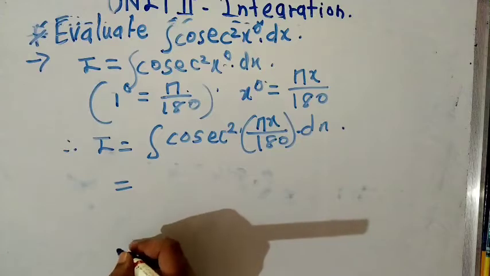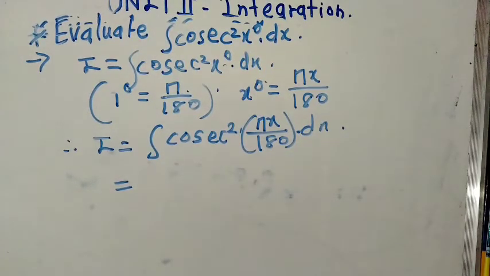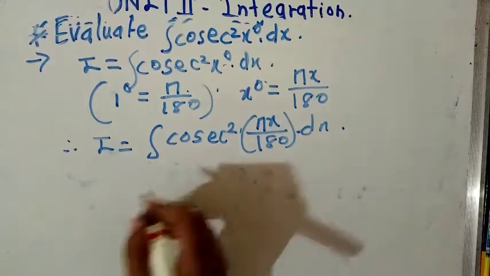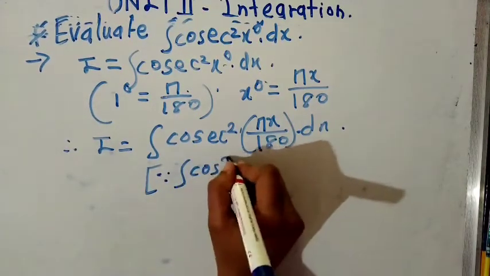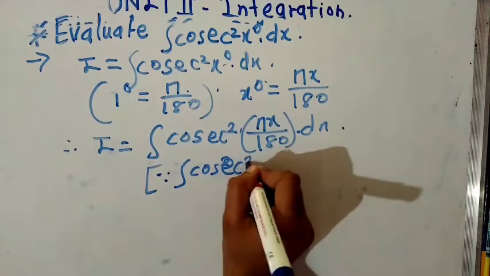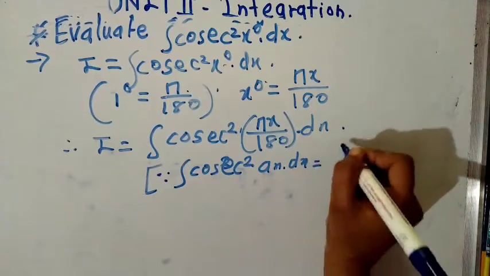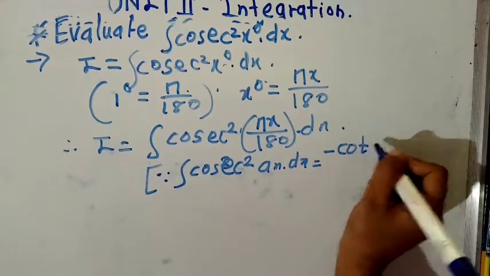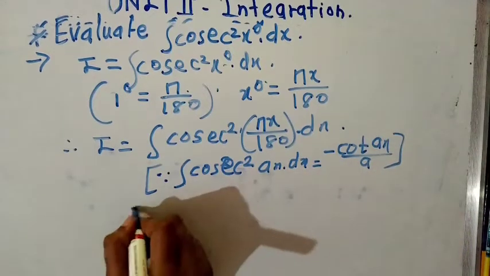But we know that integration of cosec square ax into dx is equal to minus cot ax upon a.